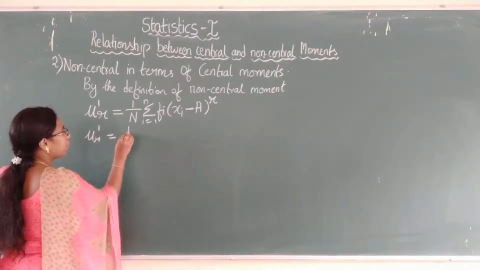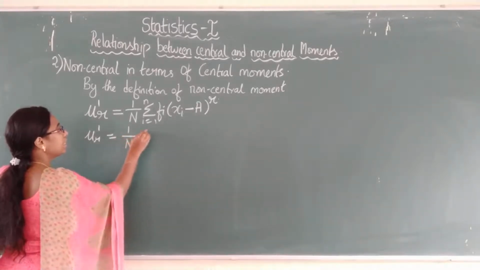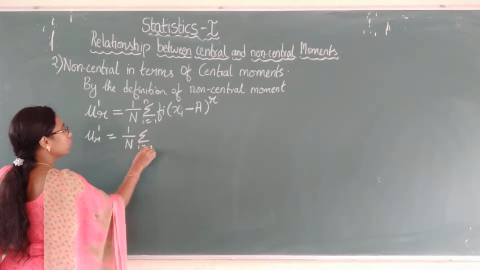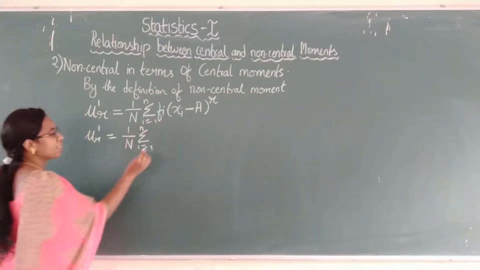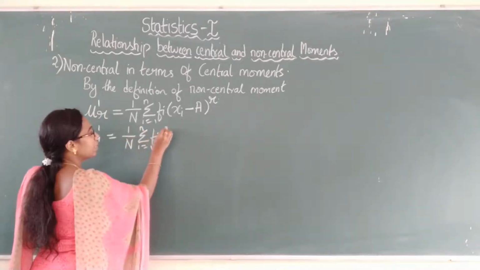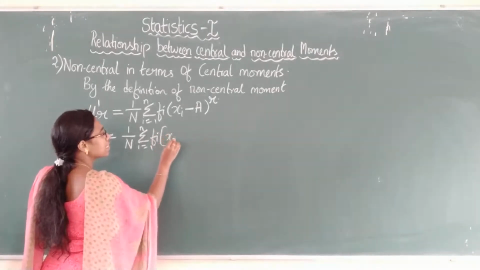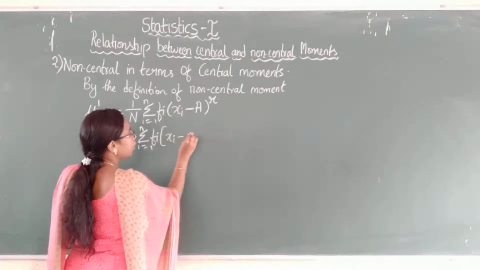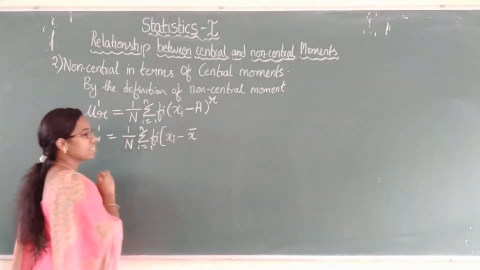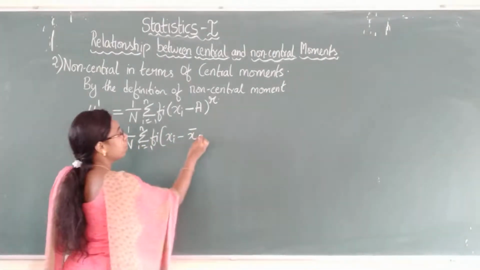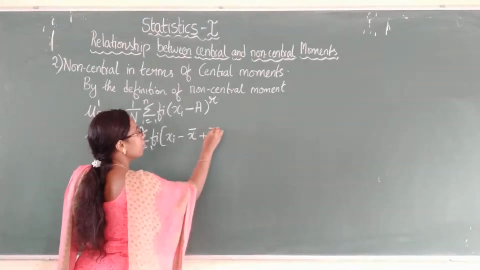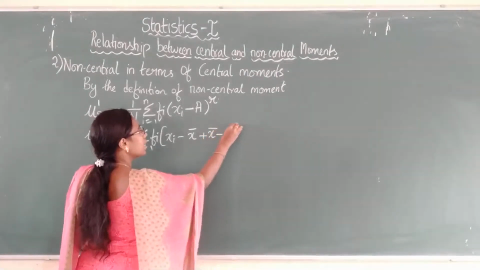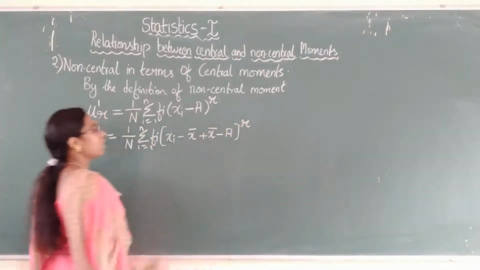So here I am going to add and subtract the x bar value. We get 1 by n summation i equals 1 to n f i into x i minus x bar plus x bar minus a, as it is, whole power r.